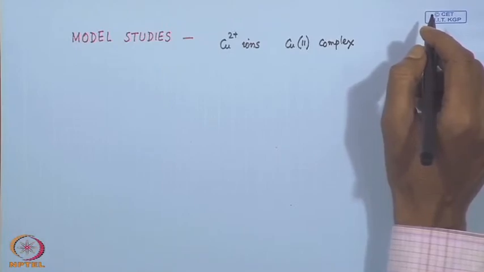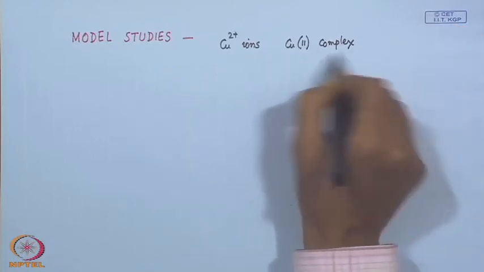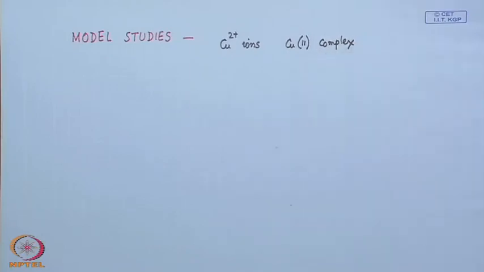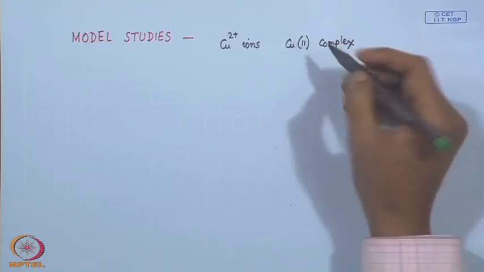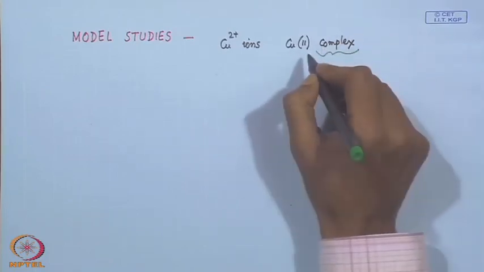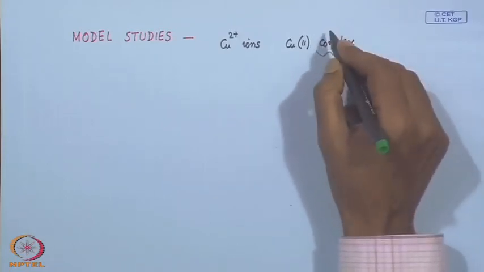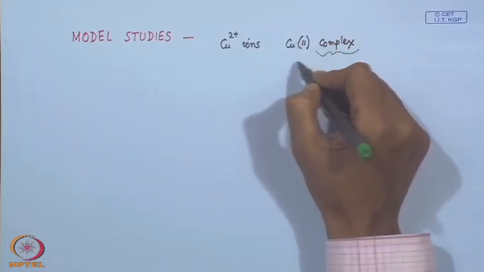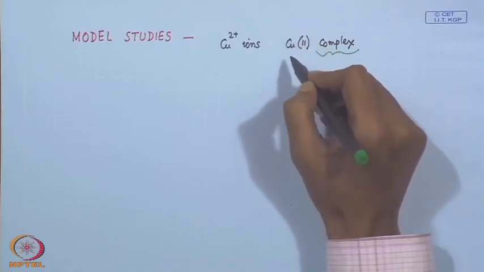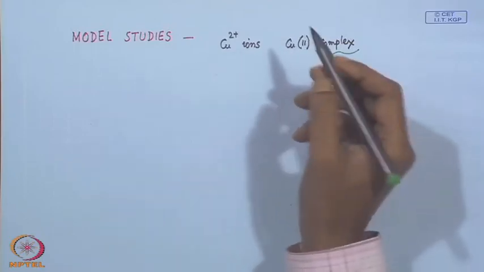That will immediately tell us the difference between the simple copper ion and the copper present within the complex. Because that complex part is giving you the ligand system. So, it is the enzymatic part which is basically modulating or controlling the electronic behavior of the copper to react with the substrate molecule.